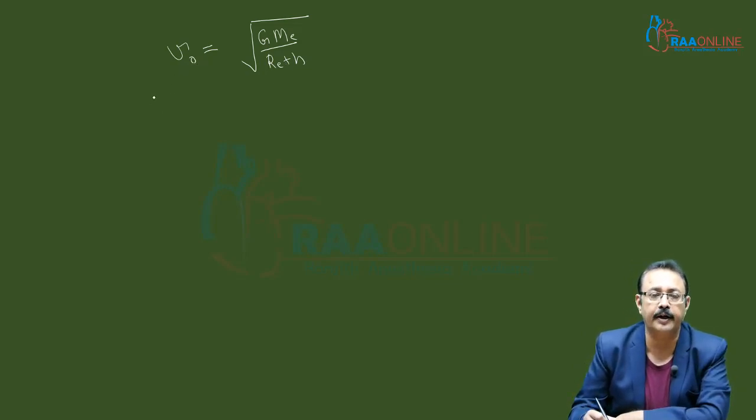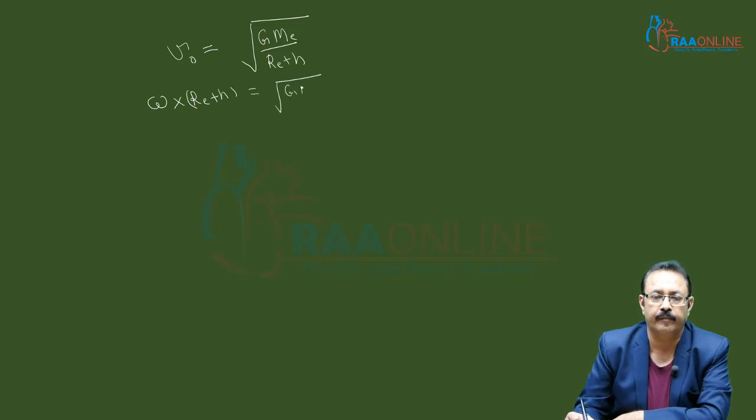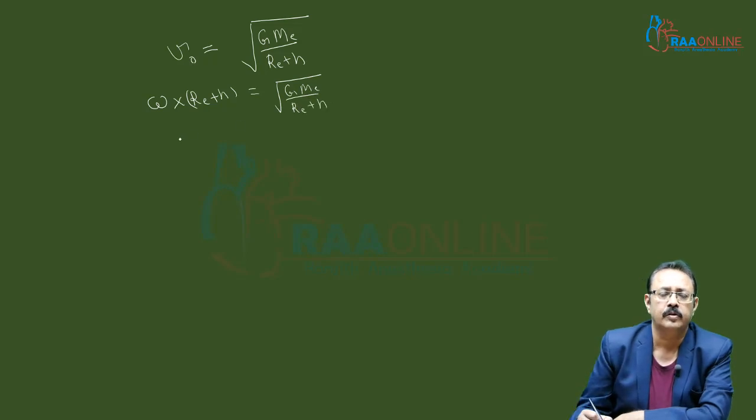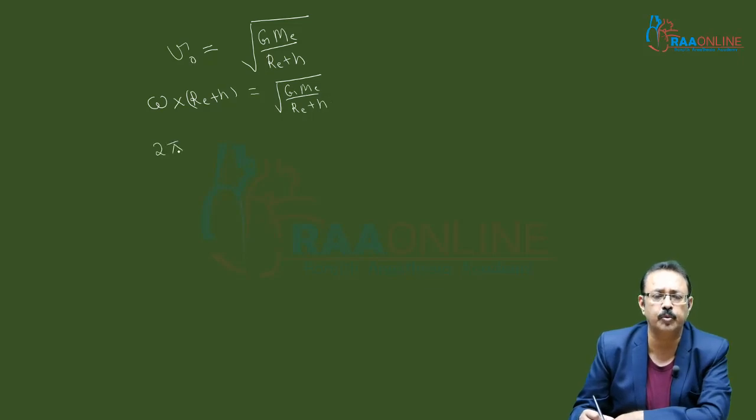But what is v? v is omega into r. r is Re plus h. So what is omega? Omega is 2 pi by T. What are we getting for T?